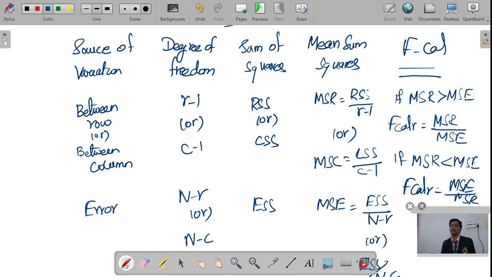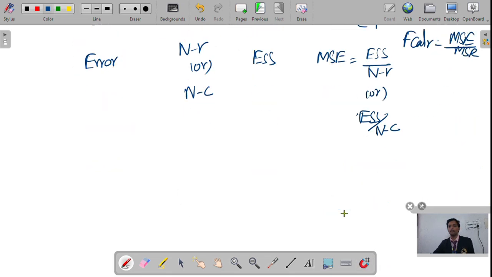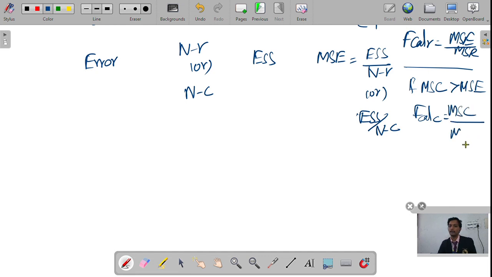This is the formula for row wise. For column wise, if MSC is greater than MSE, then Fcal of C equals MSC by MSE, or else Fcal of C equals MSE by MSC. So this is the way we have to calculate. With this, the table is over.